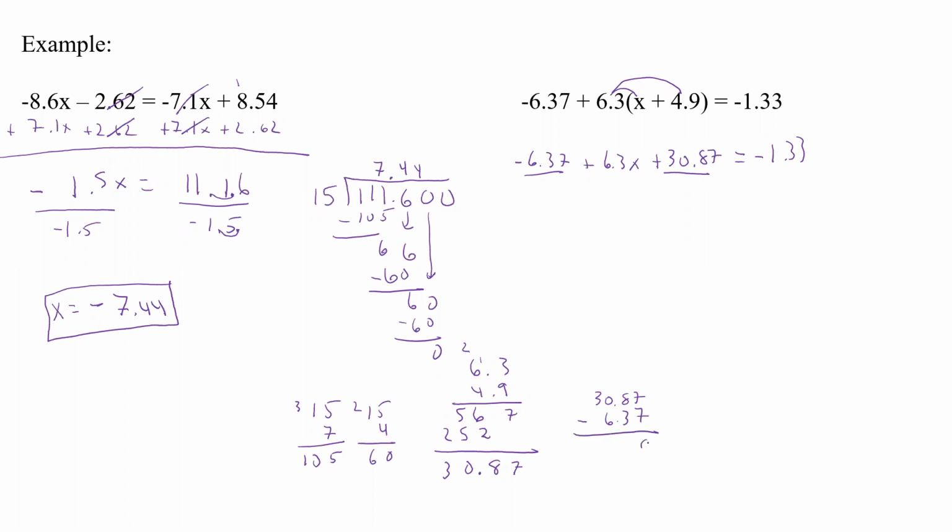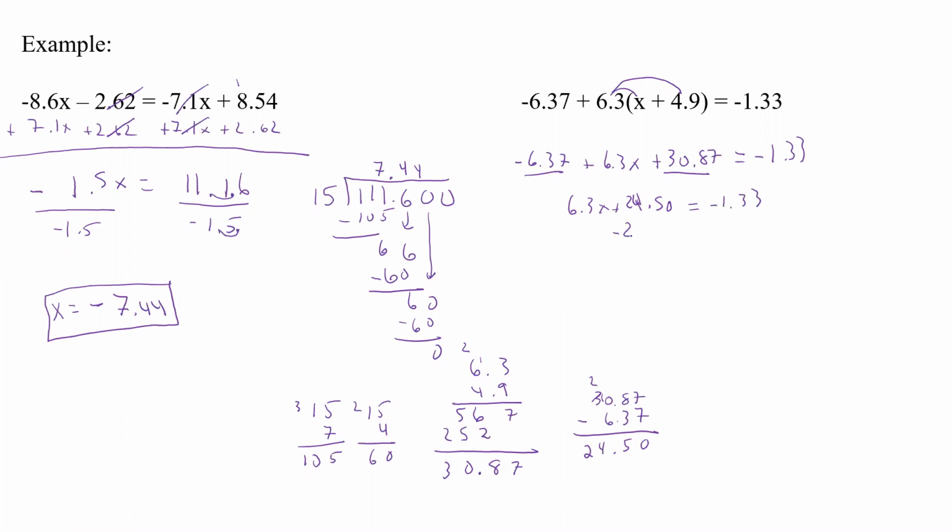Well, 7 minus 7 is 0, 8 minus 3 is 5. And now I have to borrow, so 10 minus 6 is 4, and then I have a 2. And so what I end up really with is 6.3x plus 24.5, and I can put the 0 there or not, it really doesn't matter. And that equals a negative 1.33.